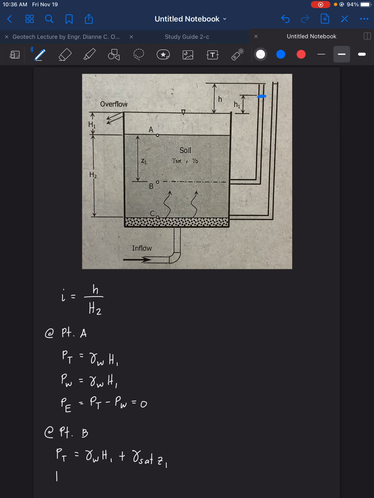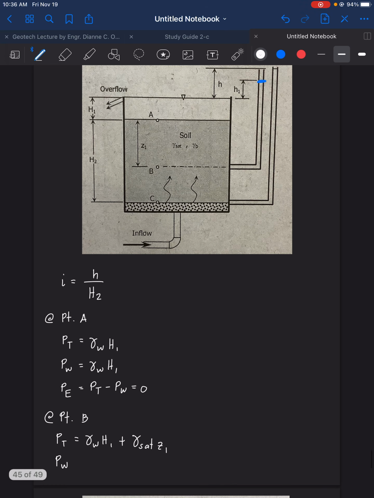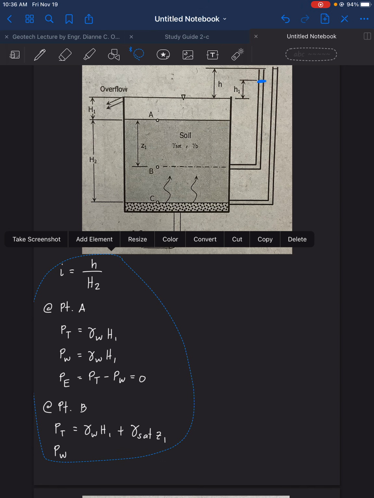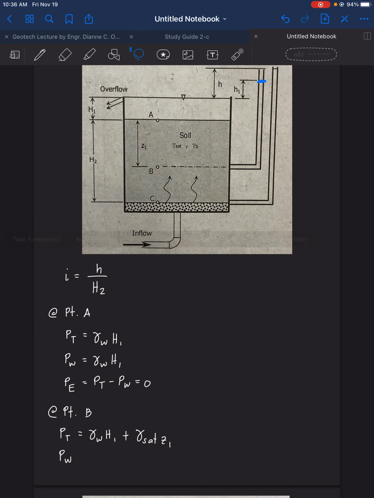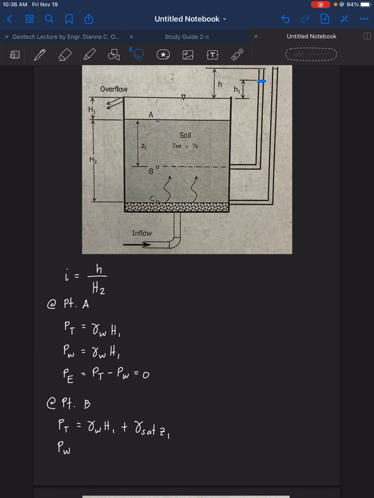Next, we get the PW. So for the pore water pressure, let's create some space. Right, so for the PW for point B, we have there gamma of water, of course.